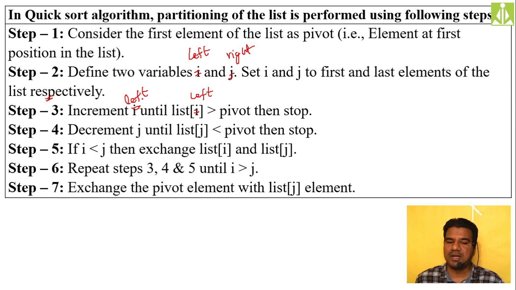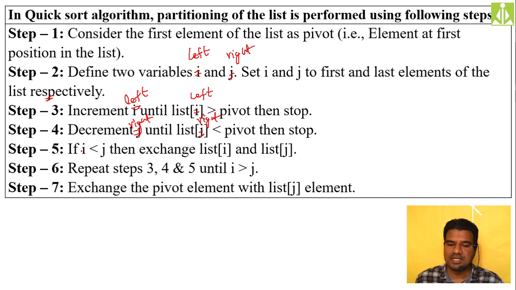Simply start incrementing left and compare it with the pivot, and if list of left is lesser than pivot, increment left. Likewise for right: decrement right while list of right is greater than pivot; when list of right is lesser than pivot, stop.